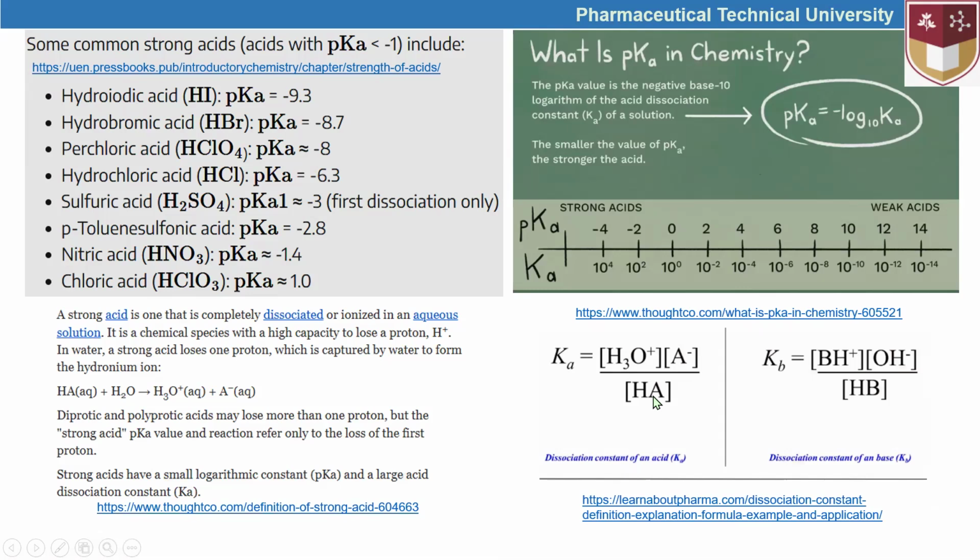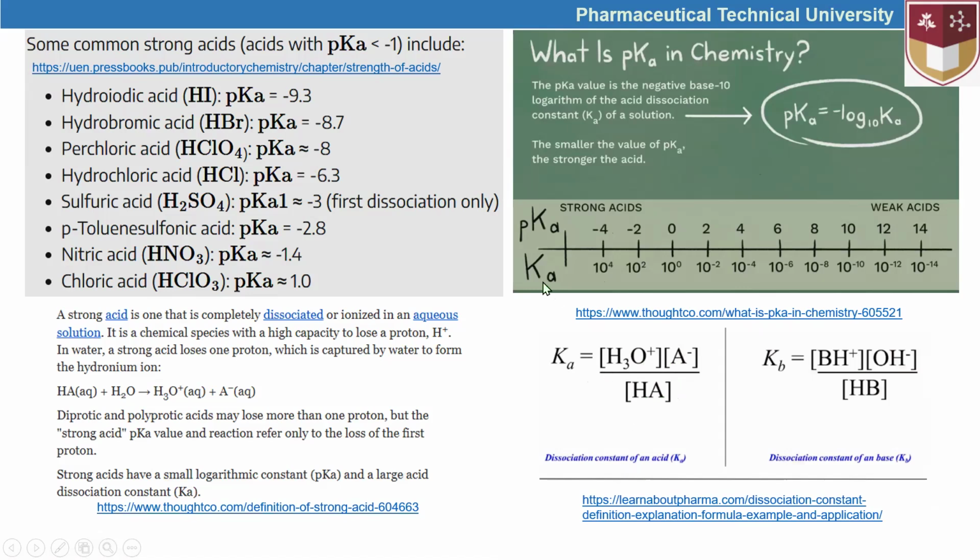When we have some acid which is ionized, let's say, completely, and the concentration of the ions after multiplication and division by the first concentration is high, this is going to be a strong acid.